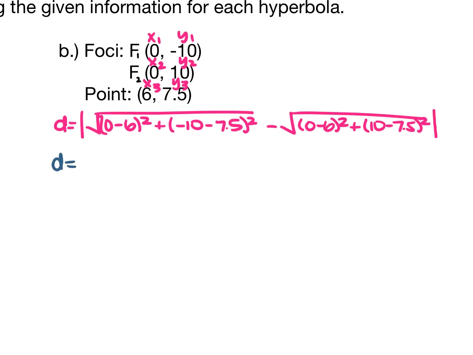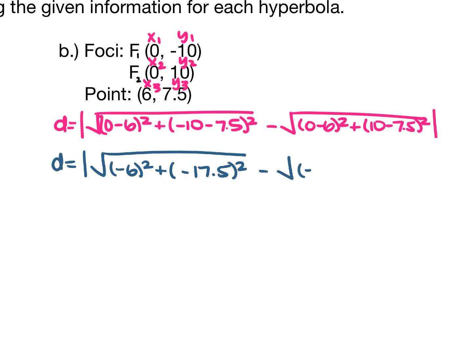So this is going to simplify to give us the absolute value of the square root of negative 6 squared plus negative 17.5 squared, minus the square root of negative 6 squared plus the 10 minus 7.5, which is just 2.5 squared.